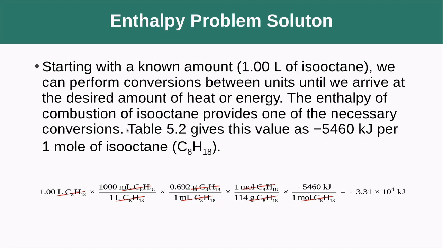And then finally we look up this value that we can see in Table 5.2 that says that for every mole of isooctane burned, we're going to get negative 5,460 kilojoules. We'll multiply by that, canceling our moles, and we see that 1 liter produced negative, well, what would that be? 33,100 kilojoules. Quite a bit of energy.